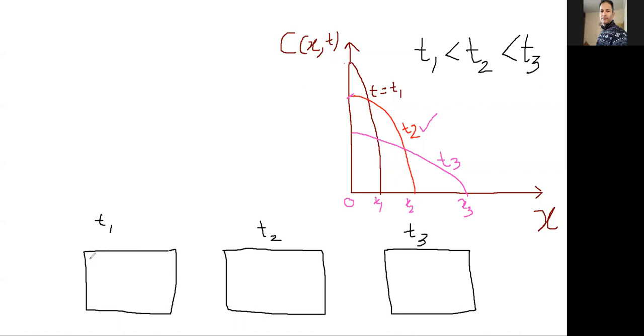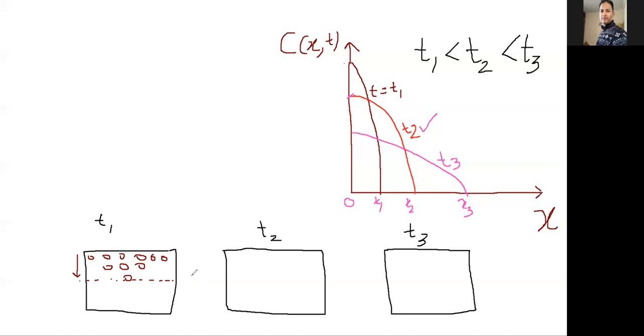At time t1, an imaginary dopant profile looks something like this. At the surface you have a larger concentration, then as you go deeper your concentration falls, and this is the extent to which your diffusion has taken place.